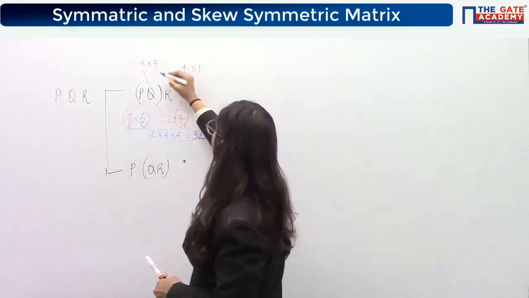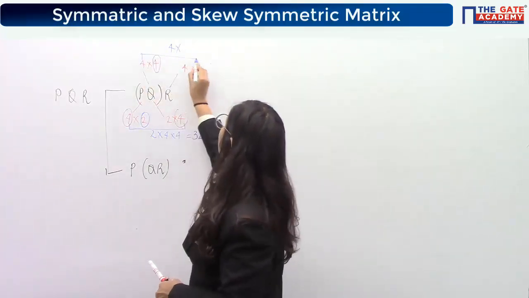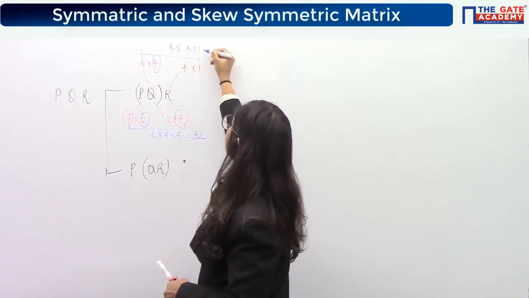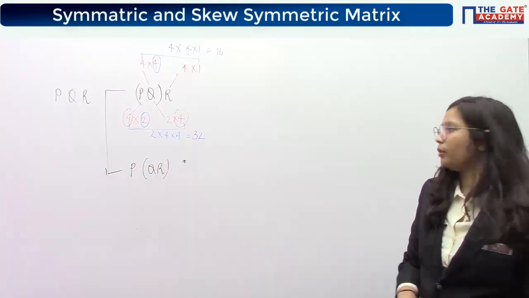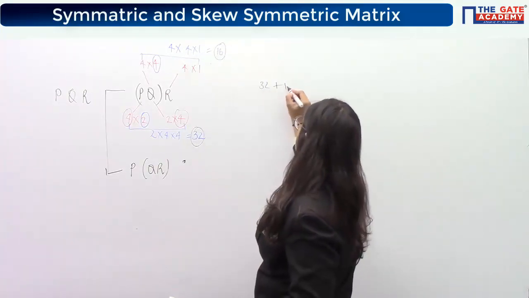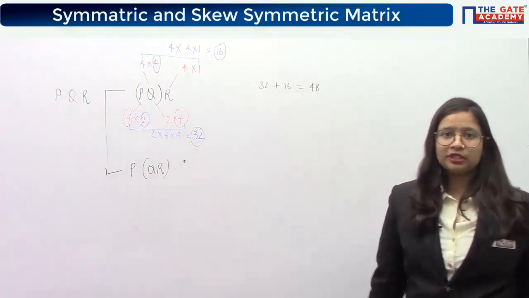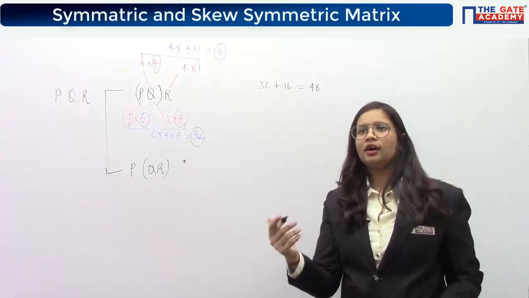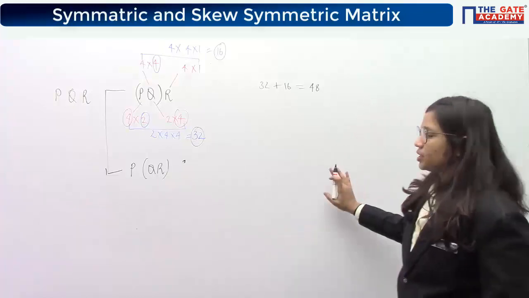For this product, the multiplication required will be 4 into 4 into 1, that means 16. So the total multiplications will be this 32 plus this 16, that is 48, if you multiply first P and Q and then R.